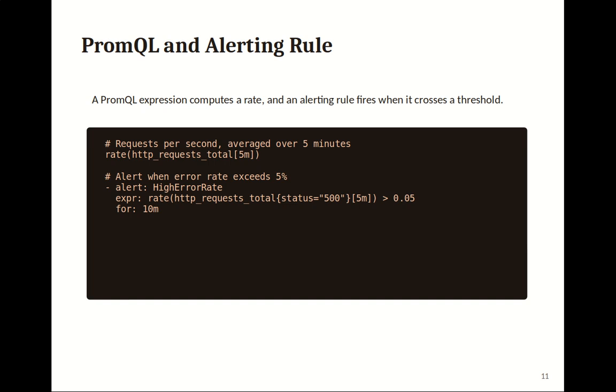PromQL and alerting rule: a PromQL expression computes a rate and an alerting rule fires when it crosses a threshold.